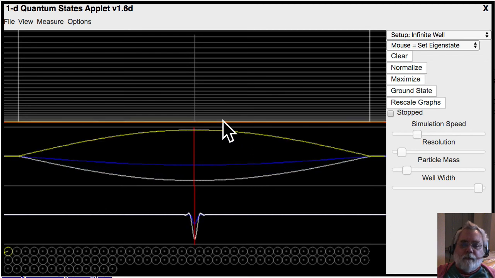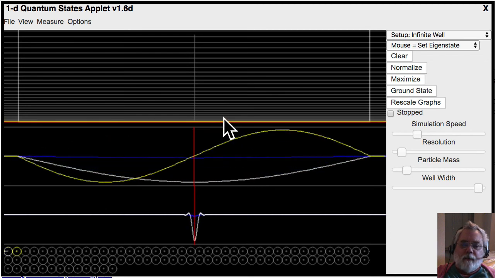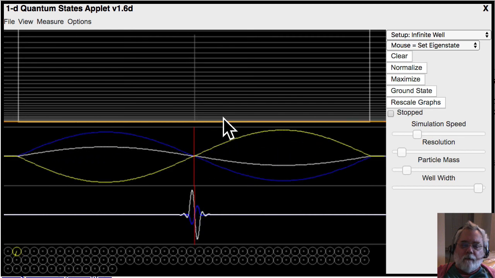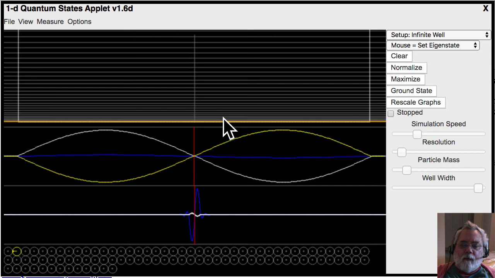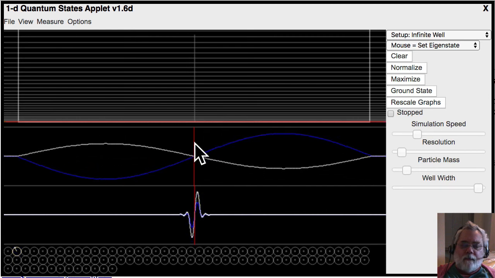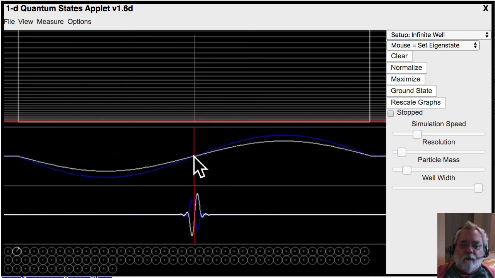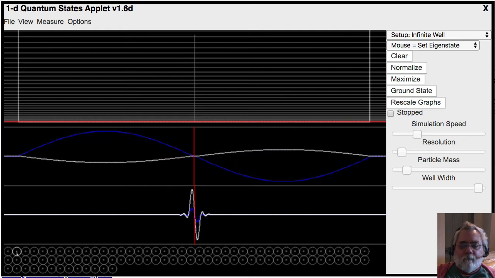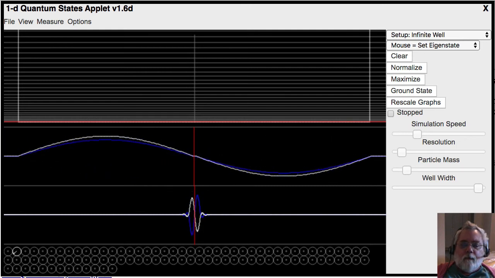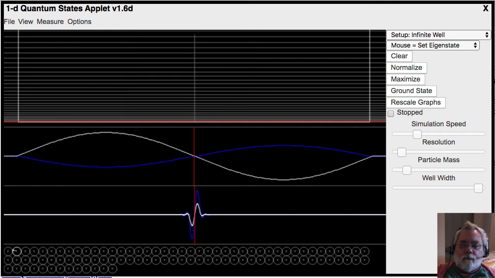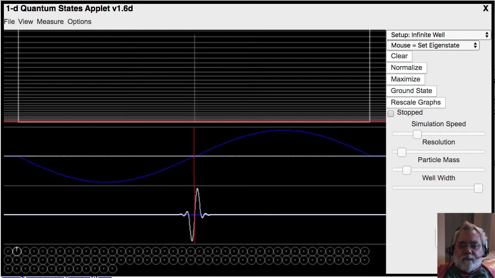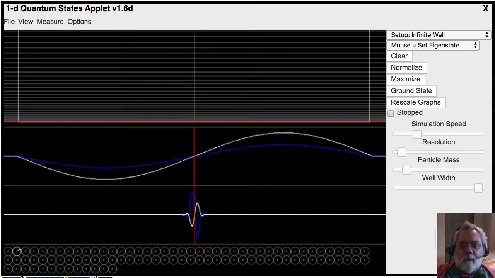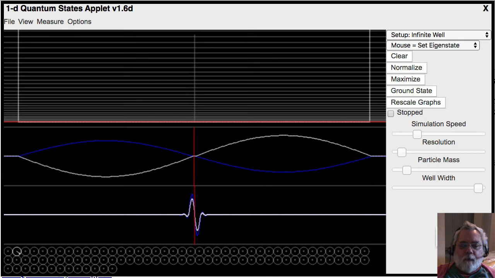Let's see if I can show us. Okay. Now I've changed from the ground state to the first excited state. There is a node at the center of the box now. So we're seeing the first excited state wave function, real and imaginary parts.